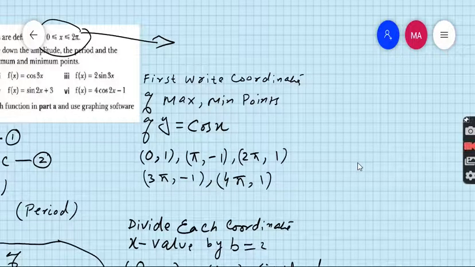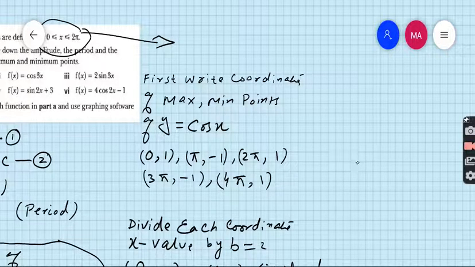Therefore, at angle 0, the value of cos x is 1. For angle pi, the value is minus 1. For angle 2 pi, the value is 1. For angle 3 pi, the value is minus 1. And for angle 4 pi, the value is 1. We will have infinite angles which give us the maximum and minimum values. But because we have the domain from 0 to 2 pi, we will not go beyond this.